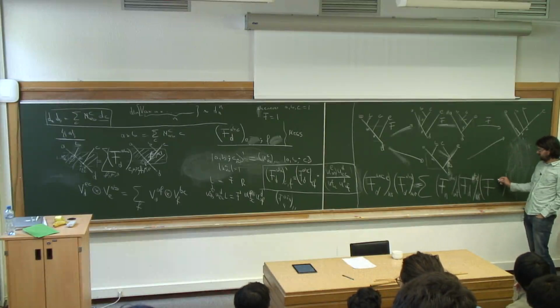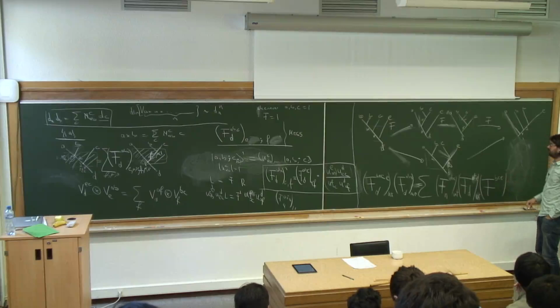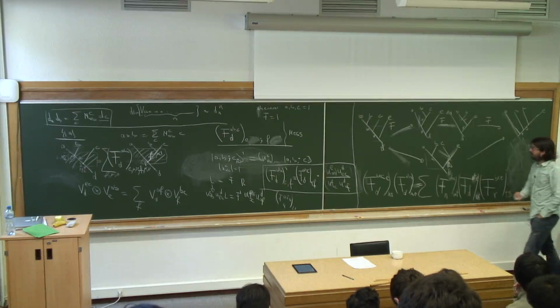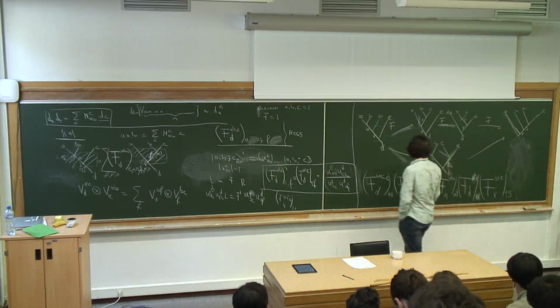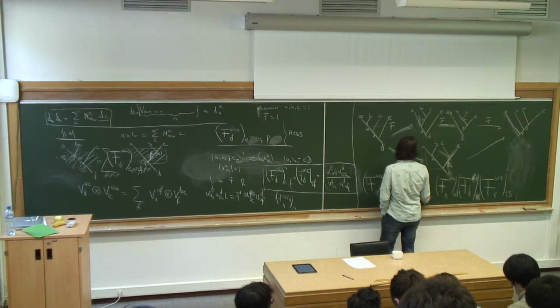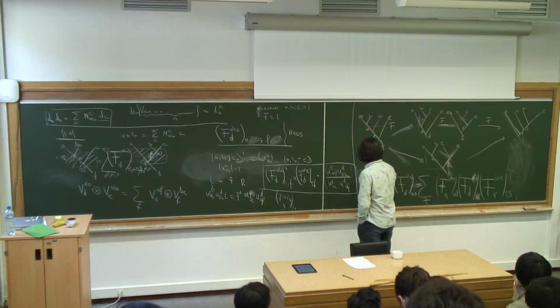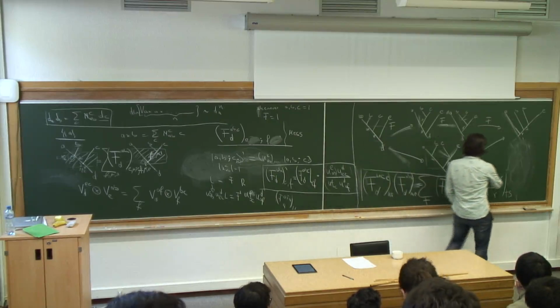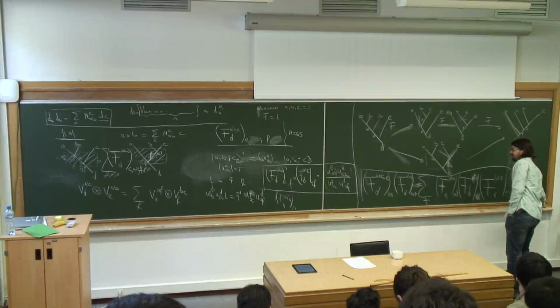Now what? Goes into what? And what is this? Okay. And obviously there's an intermediate state that we have to sum, which is which one? Brilliant. You guys are the best.